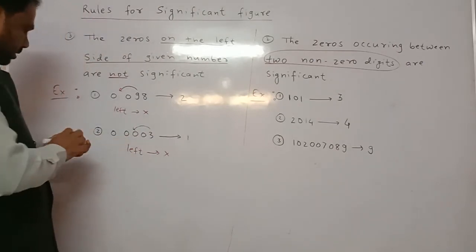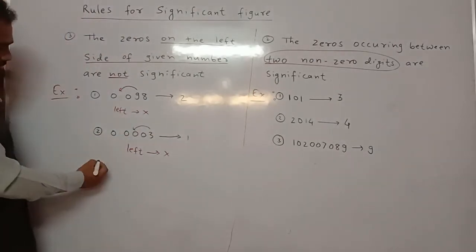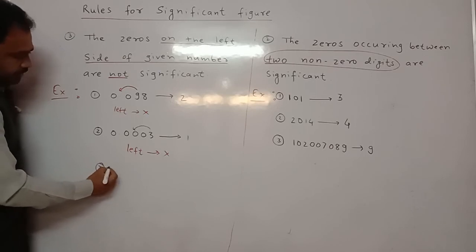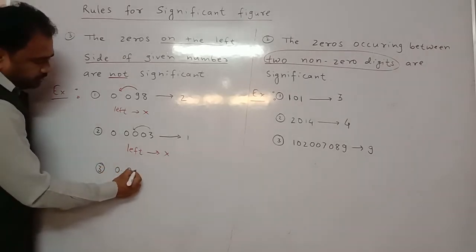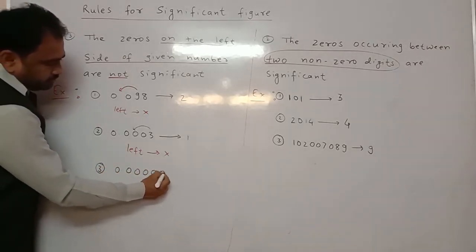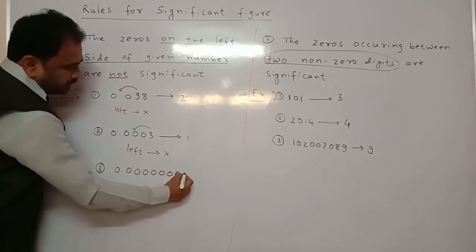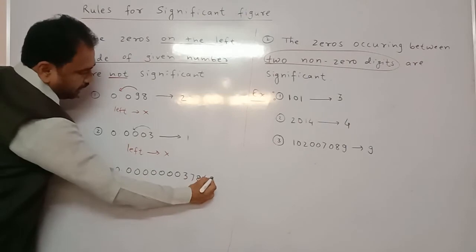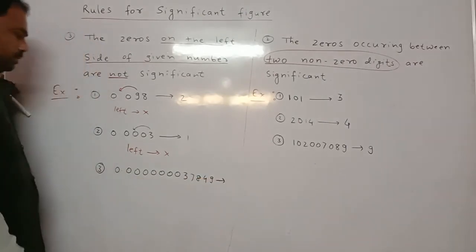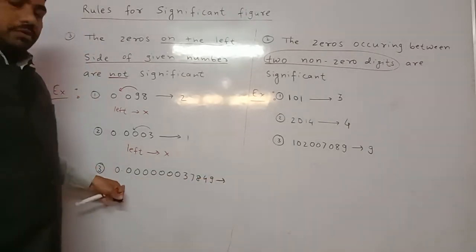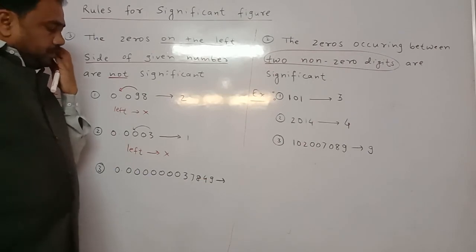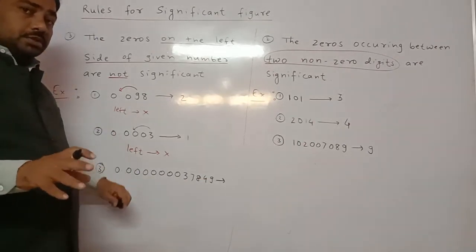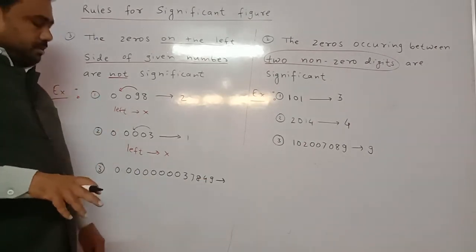So let us consider the third example for the third rule. Suppose 0.0000037849. Suppose this number is given to us. First of all, concentrate on the zeros. What is the position of the zeros?